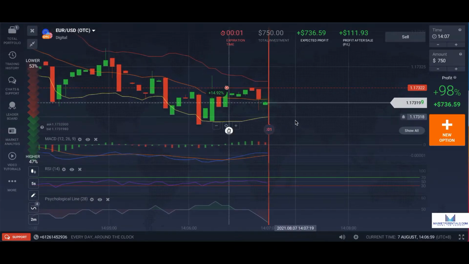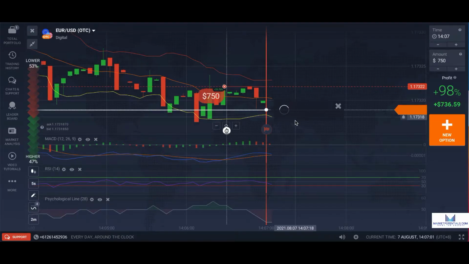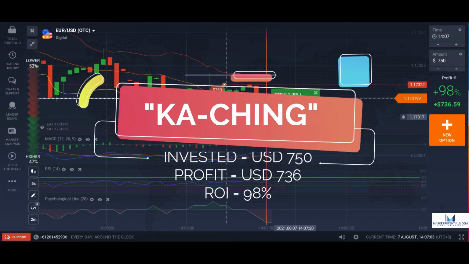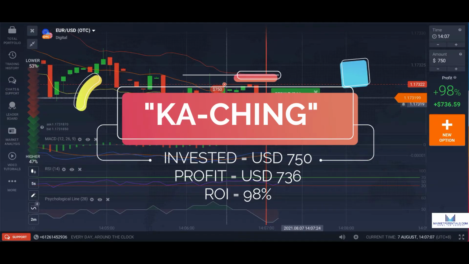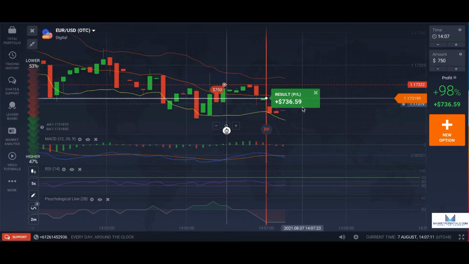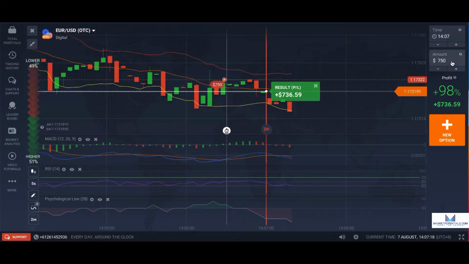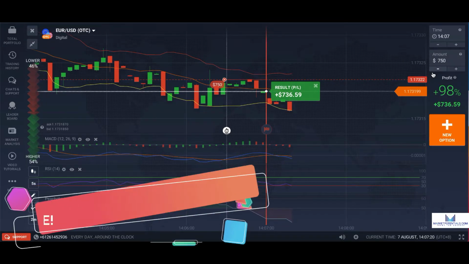Just another 1 second left, and there we go. That's a nice tone to hear every time I trade. So we just made $736.59 in profit. That's in my account right now, and I can withdraw it as soon as I want, off the $750 risked, which is the amount I invested.